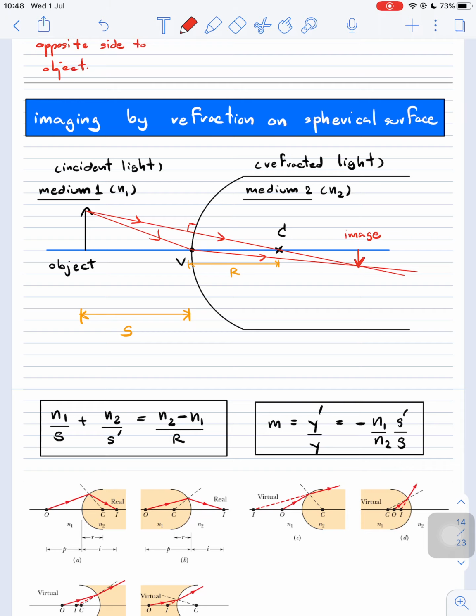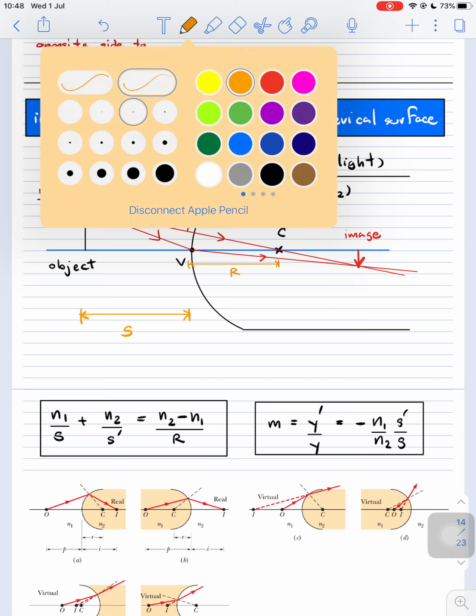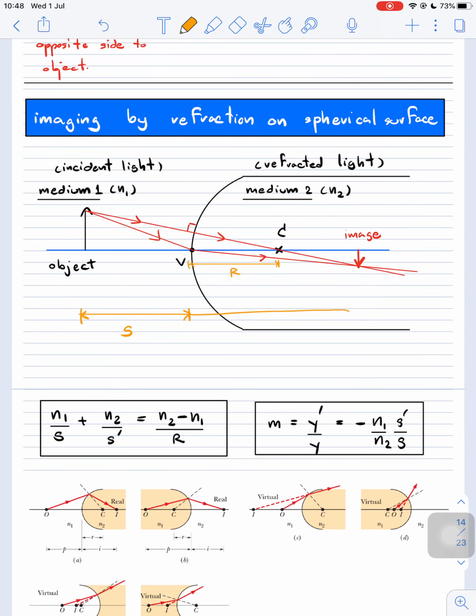Finally, this distance is the image distance, s prime.